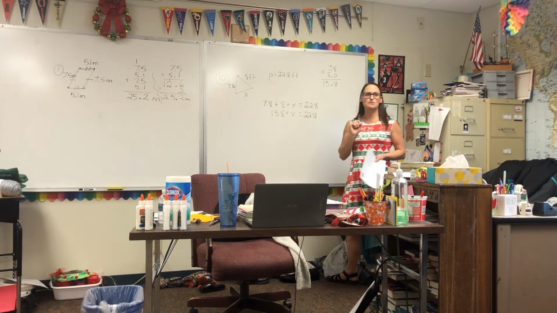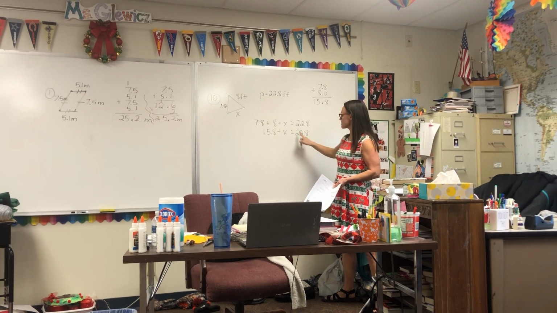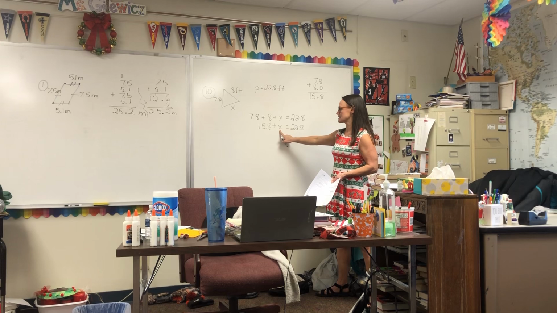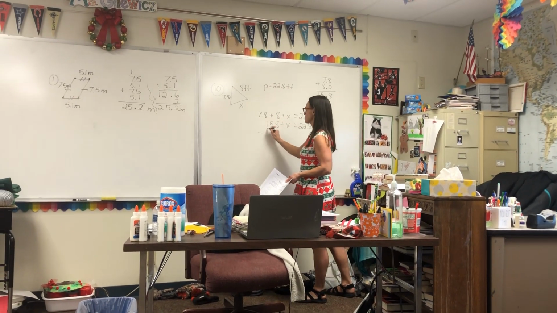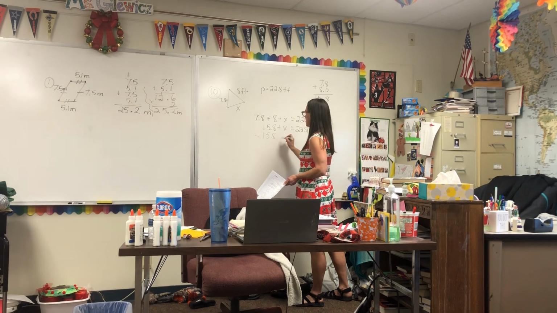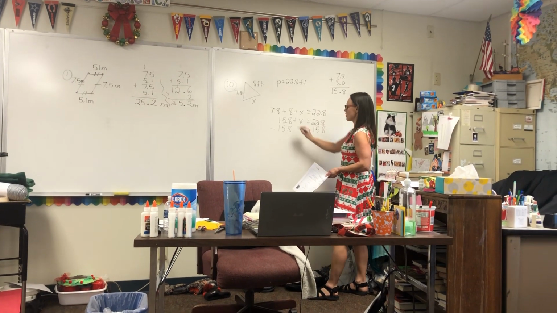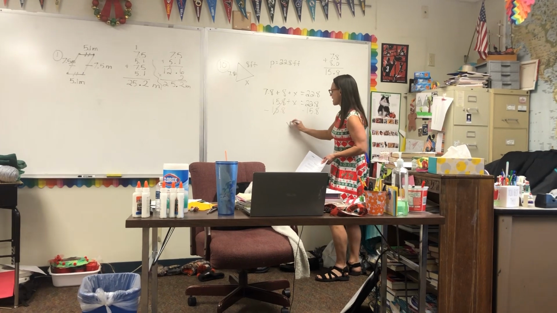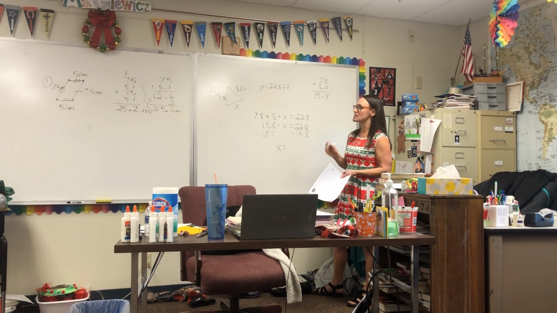So I have a 1-step equation. I have to get rid of this 15.8 from the 22.8 to figure out what X is, so I'm subtracting 15.8 from both sides. Over here, these cancel out and just give me X, which is what I'm trying to figure out, because it says find the length of the unknown side.